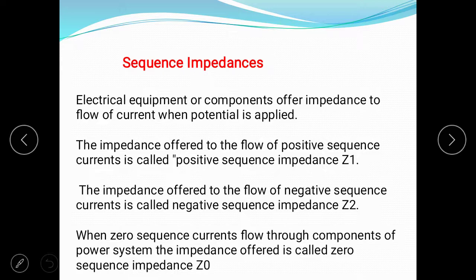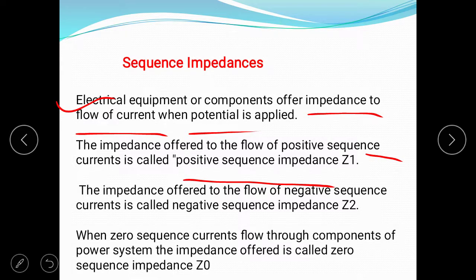Electrical equipment or components offer impedance to the flow of current when potential is applied. The impedance offered to the flow of positive sequence current is known as positive sequence impedance, denoted by Z1.